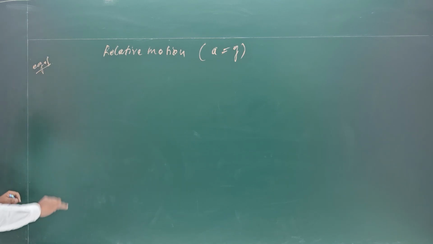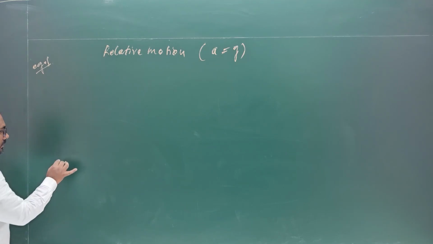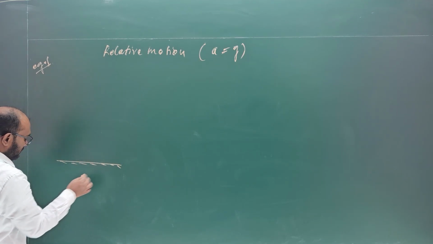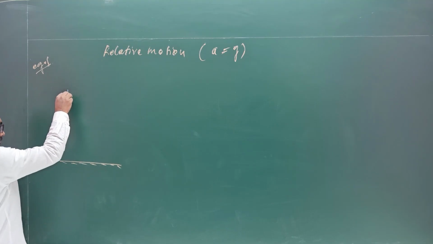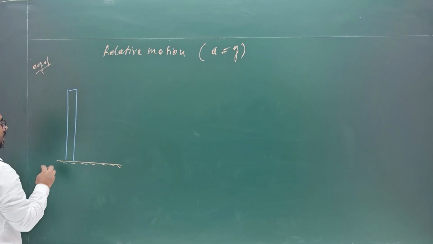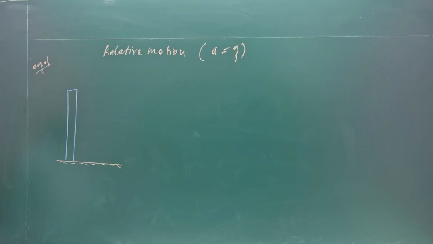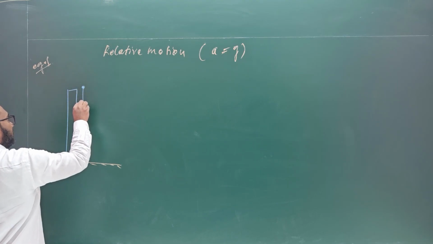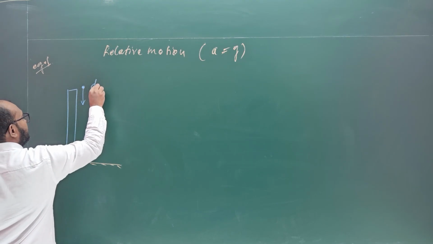Let us understand with example number 1. Consider from height h, one object is being dropped in the downward direction.